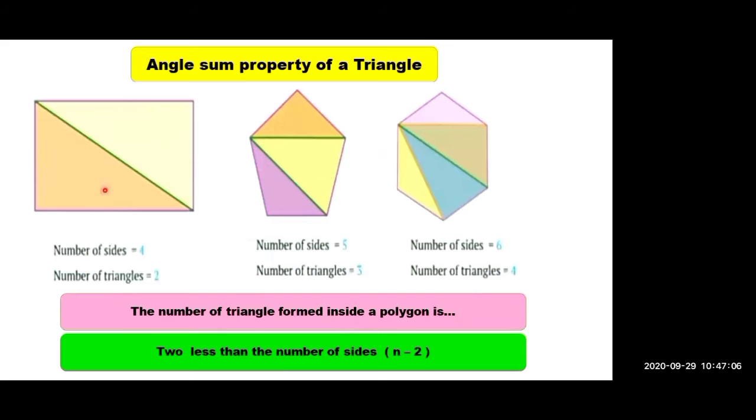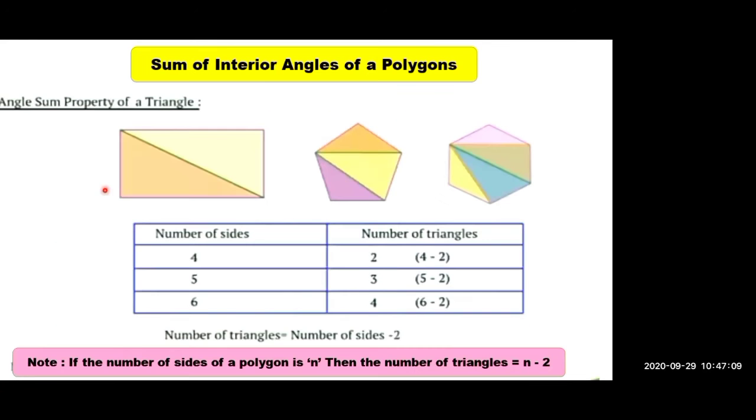Yes. For example, in quadrilateral, okay, how many sides are in quadrilateral? 1, 2, 3 and 4 sides are in quadrilateral. Yes. And how many triangles are there? 1 and 2.